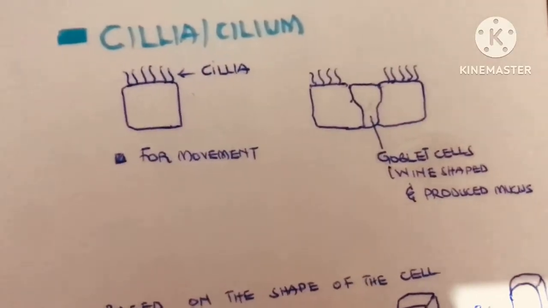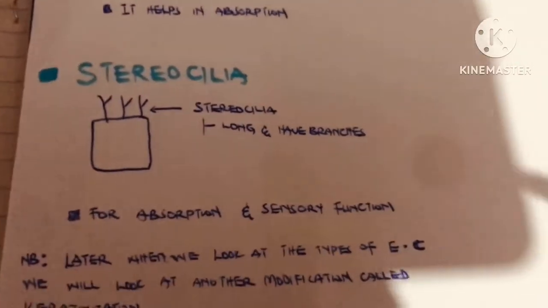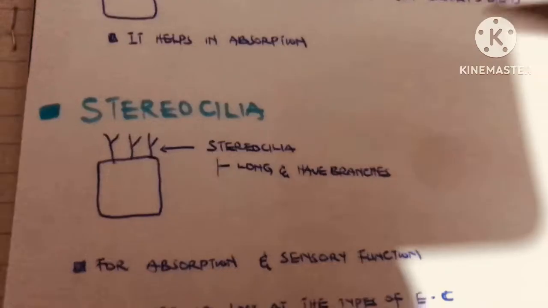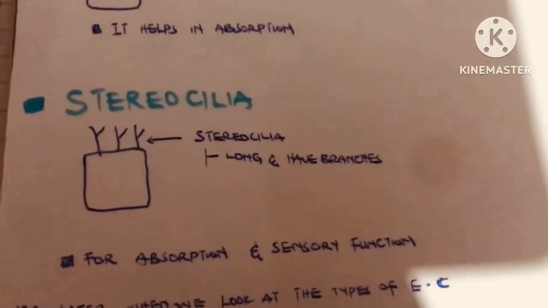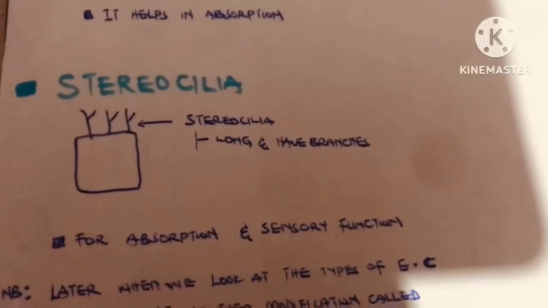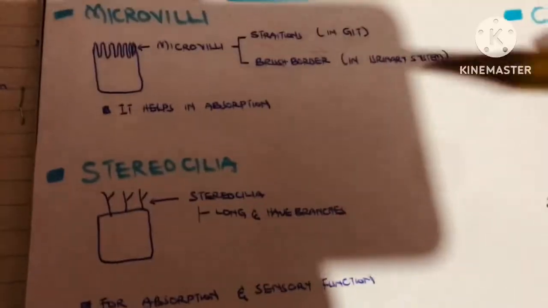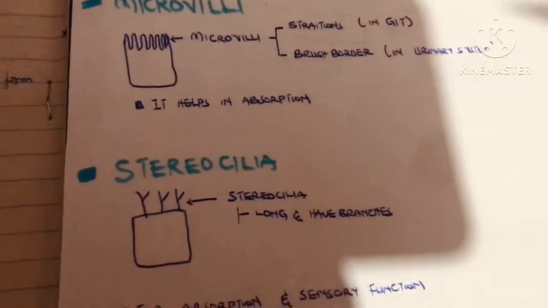Hope you understand. Now the last one that I'm going to talk about, it's called stereocilia. Because of the word cilia, someone might think that it is also a type of cilia. No, it is not a type of cilia, my friends. It is a type of microvilli. Why am I saying that?